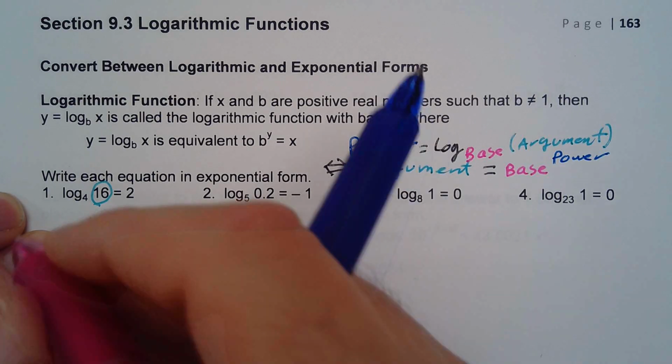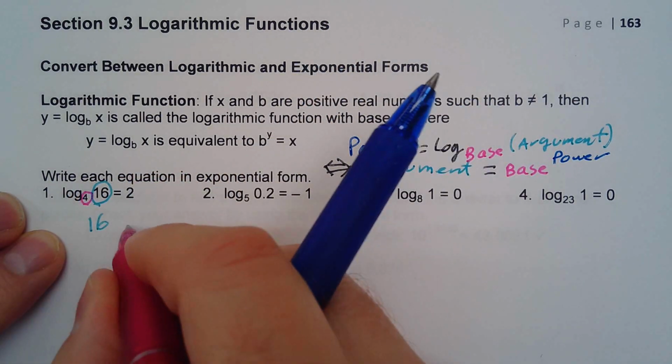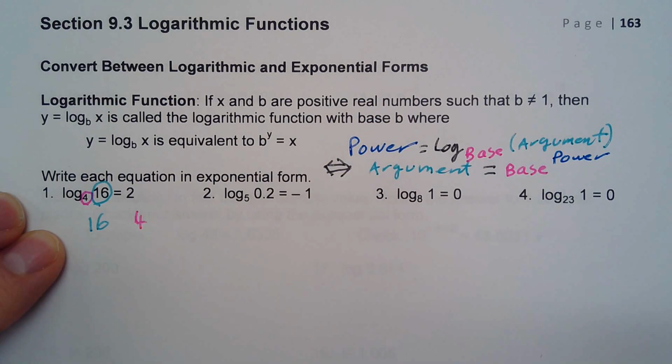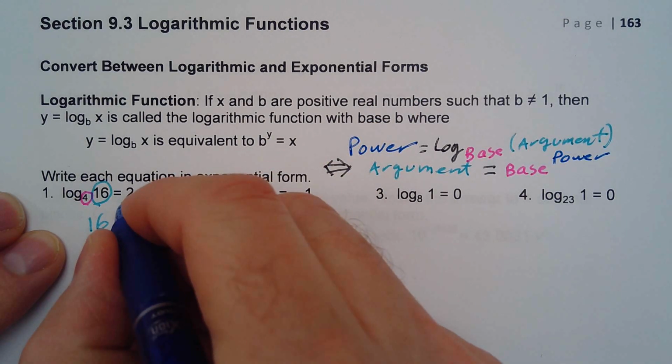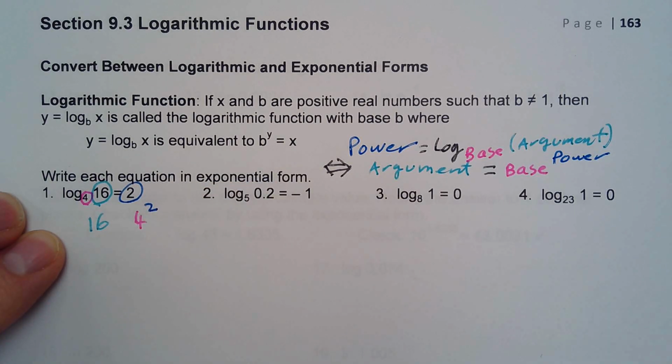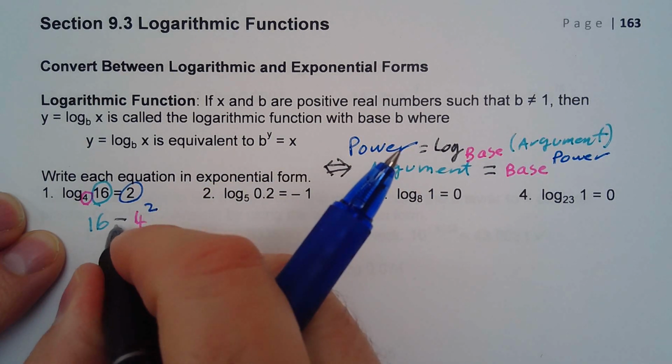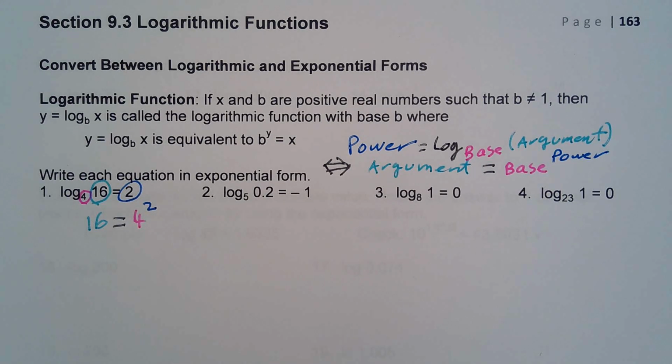Four is my base. My power is 2. So the exponential form would be 16 equals 4 squared. And it doesn't matter if you write it that way or you write it as 4 squared equals 16.